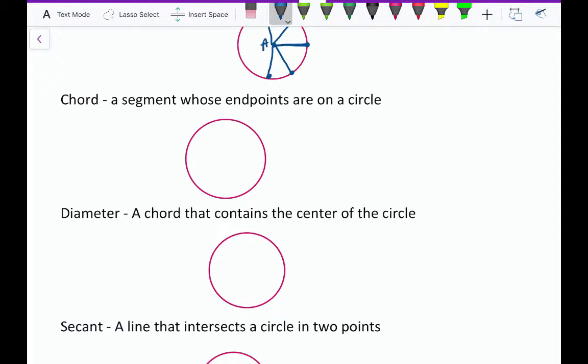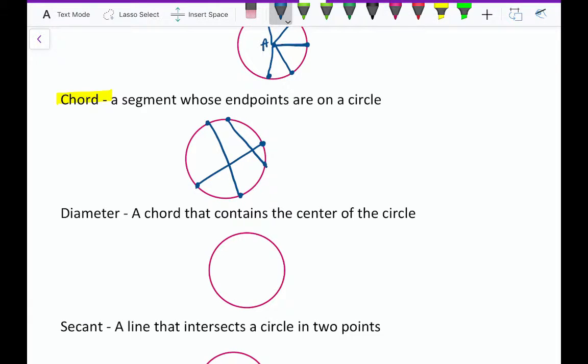A chord is a segment whose endpoints are on a circle. And so what this looks like is a segment starting there and ending here, for instance. Why? Because the endpoints are both on the circle. I could draw another chord from here over to here. I could draw a chord from here to here.